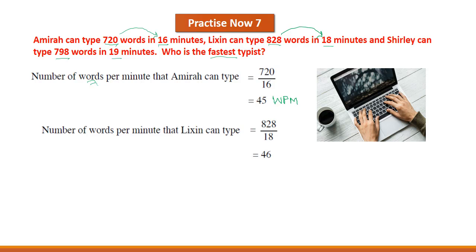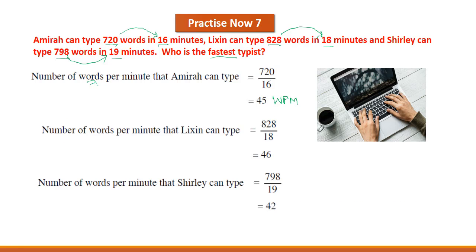Now we will calculate the words per minute rate for Shirley. So 798 divided by 19. We will calculate it and the answer will be 42 words per minute.